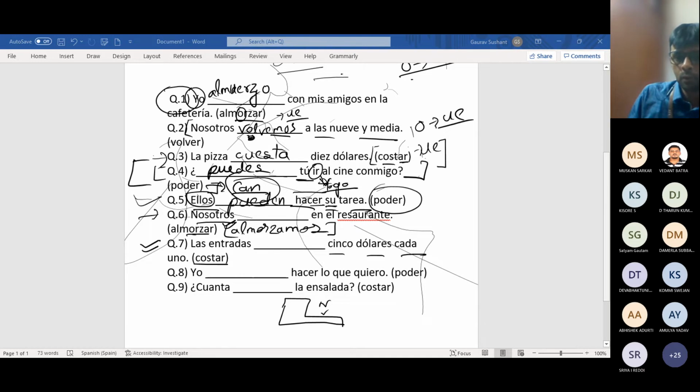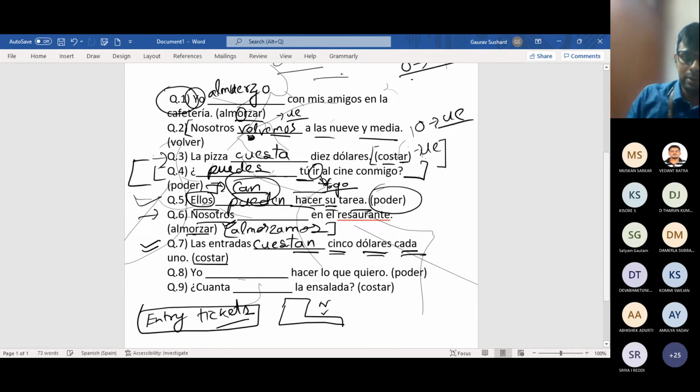Okay, so let me do it. So it will be cuestan. So las entradas cuestan $5 cada uno. Now what does entradas mean? Entradas means entry tickets, or simply the entry. Entrada means entry. So the entry costs $5 for each one. Even the word entry will be fine here.